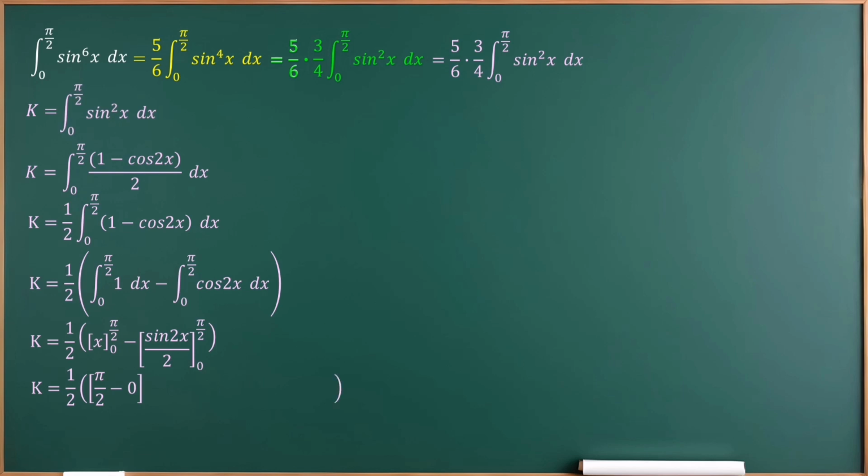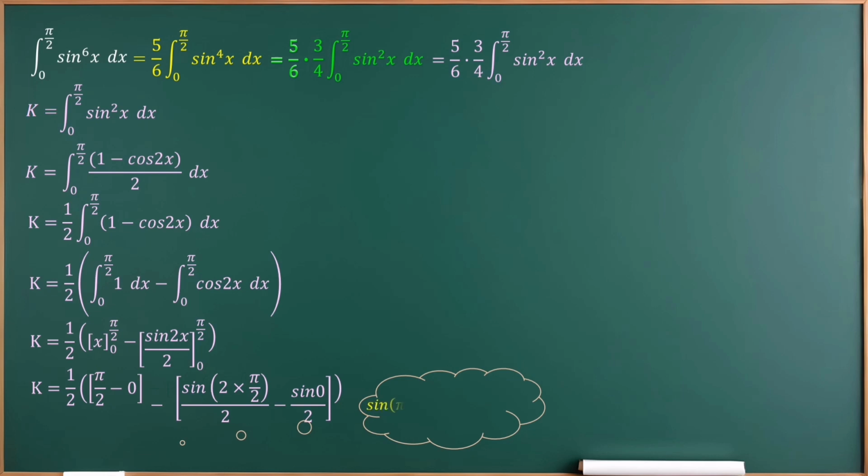Second one, sin 2x over 2. Upper limit pi over 2 minus lower limit 0. Sin pi means sin 180 degree. Sin 180 degree equals 0. Sin 0 equals 0. Then we can write half times within bracket pi over 2 minus 0 minus 0.